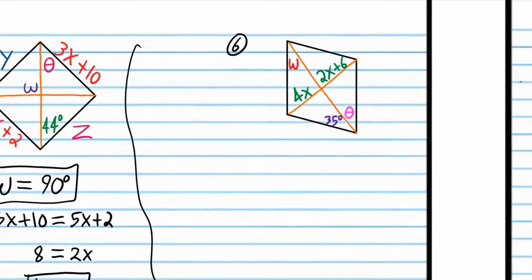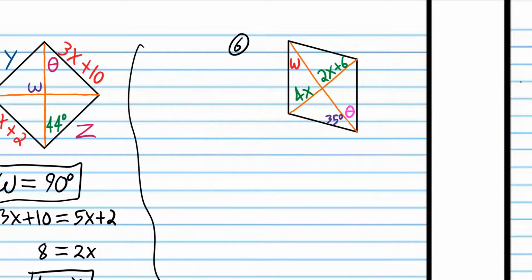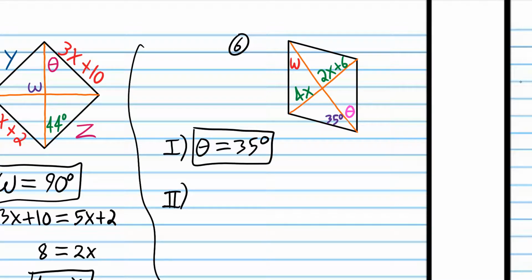All right, we're back. I'm going to start with an easy one. Theta is obviously just 35 because that angle is bisected. And omega is just going to be 35 again because it's the opposite side that's bisected by the same angle, or the same angle is bisected by the diagonal.